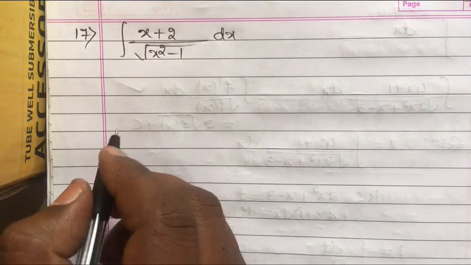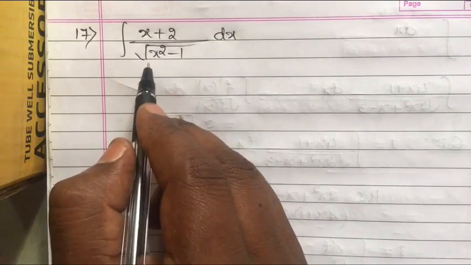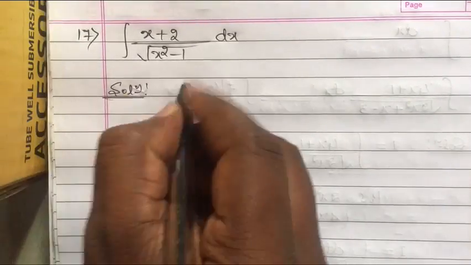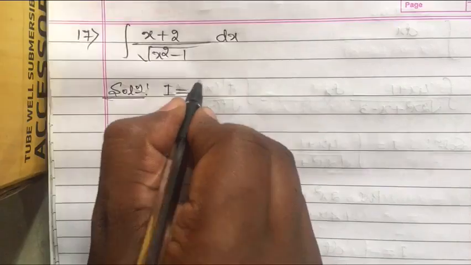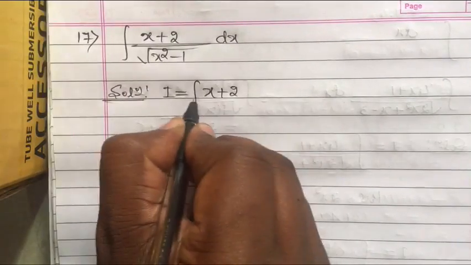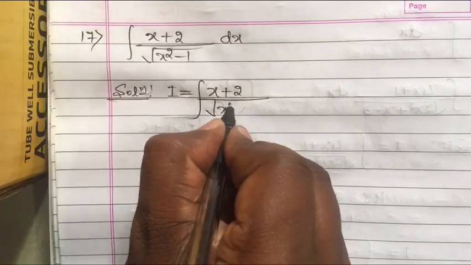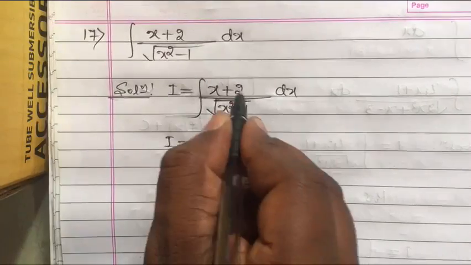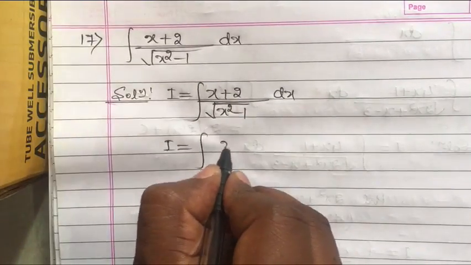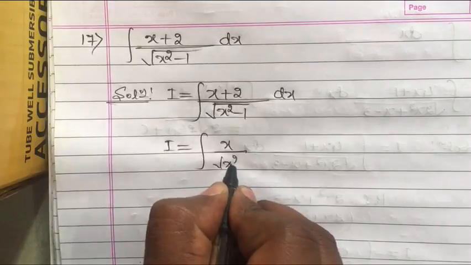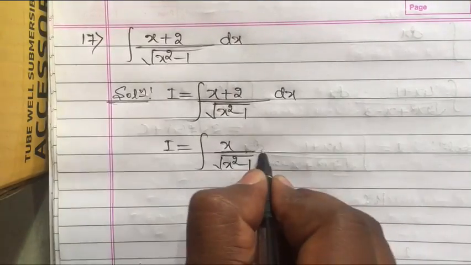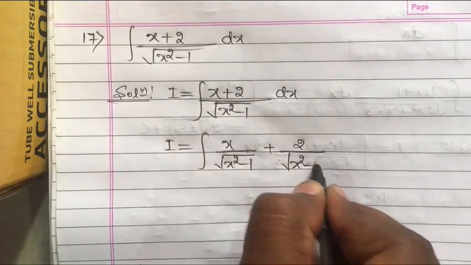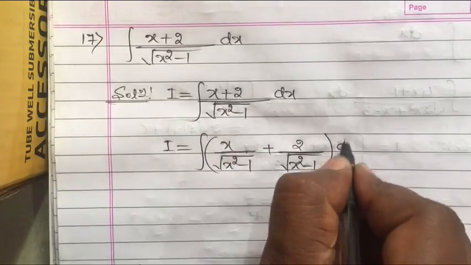Well, the 17th question, it is integral (x plus 2) divided by under root x square minus 1 dx. So I take this as I, which is equal to integral (x plus 2) divided by square root of x square minus 1 dx. So here I split this into two terms. We get x divided by square root of x square minus 1 plus 2 divided by square root of x square minus 1 dx.